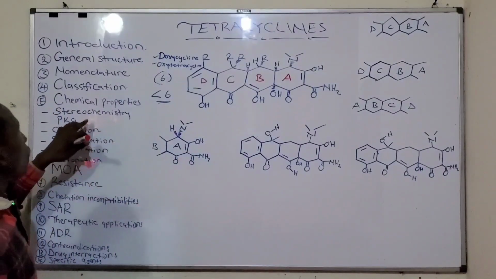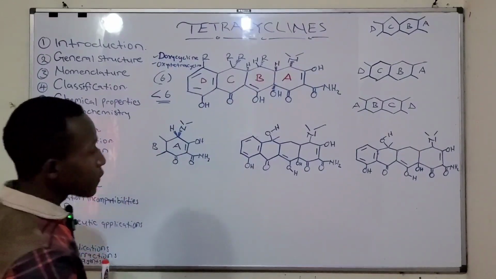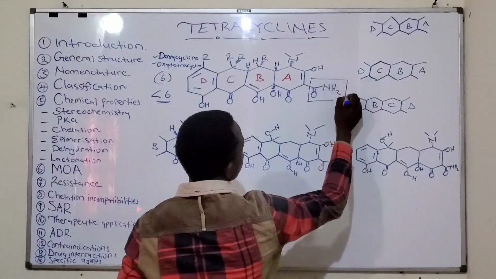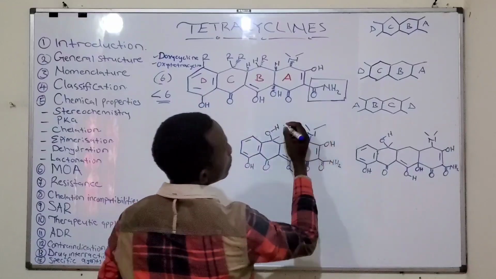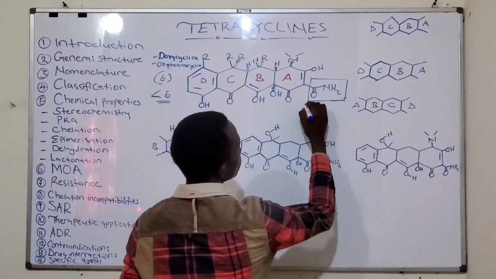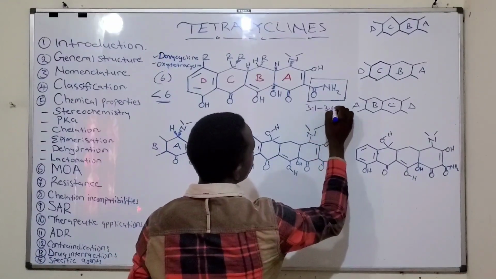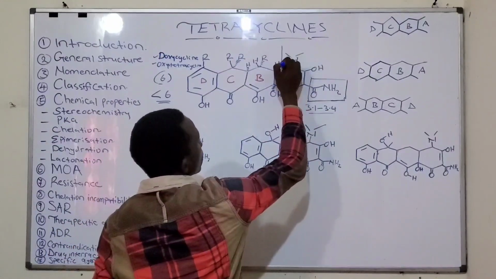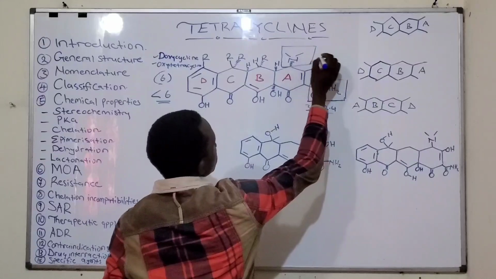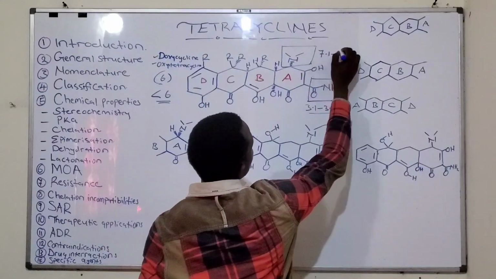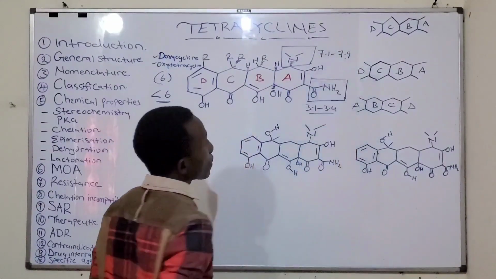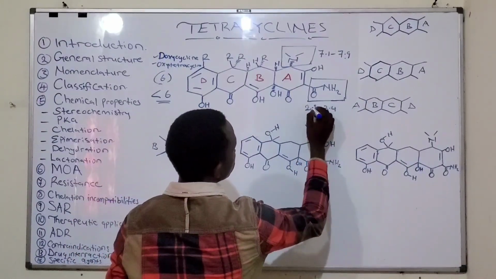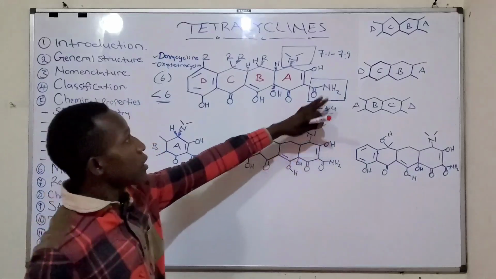Now, for pKa, tetracyclines have 3 pKa. This pKa is acidic, around 3.1 to 3.4 for tetracyclines. Then for this amino group, it has a pKa of 7.1 to 7.9. This one is from 2.8 to 3.4, which is acidic.